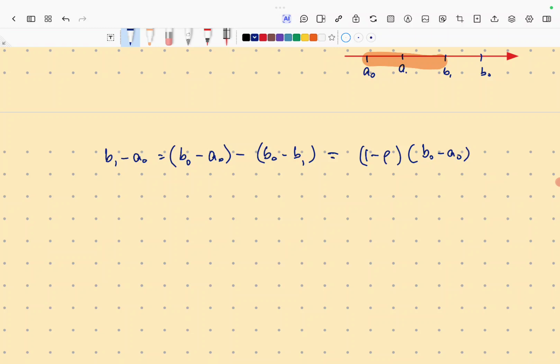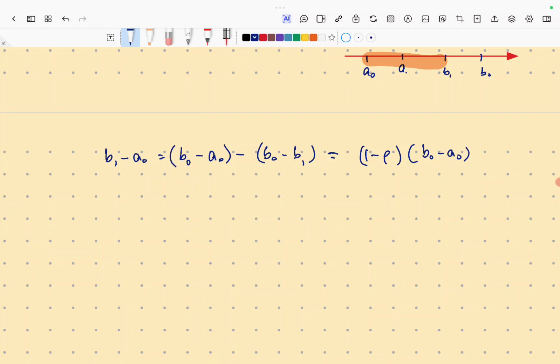So I've reduced my search space by a fraction 1 minus rho every single time. Similarly, I choose B2, A2 and B3, A3 and so on. I keep doing this until finally I bring it down to a sufficiently small region.